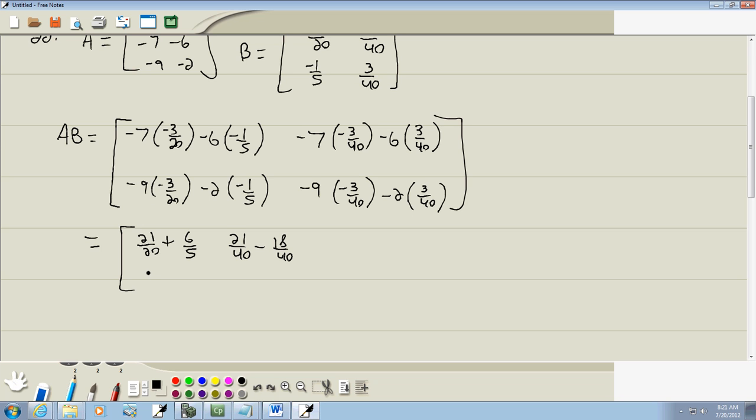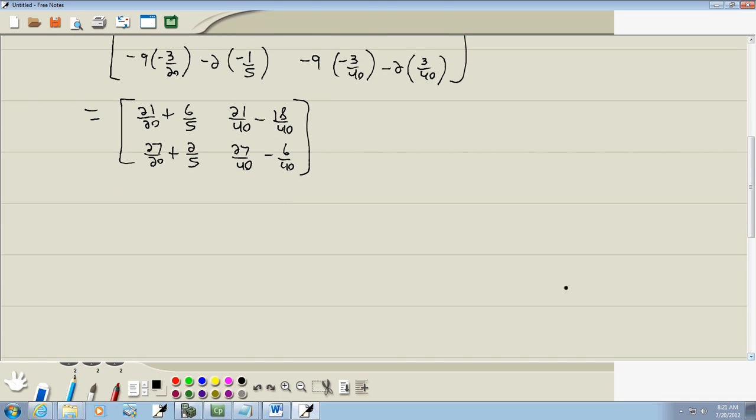Negative 9 times negative 3 is 27 over 20, and negative times negative is positive, 2/5. And that gives us 27 over 40 minus 6 over 40. Now really, at the point where you see it's not going to give you a diagonal of 1s, 0s everywhere else, you could stop right there. I'm just showing multiplication, so you can see another example of that.